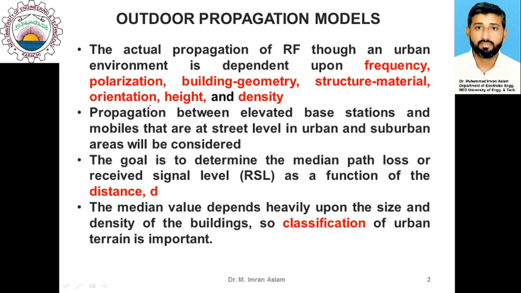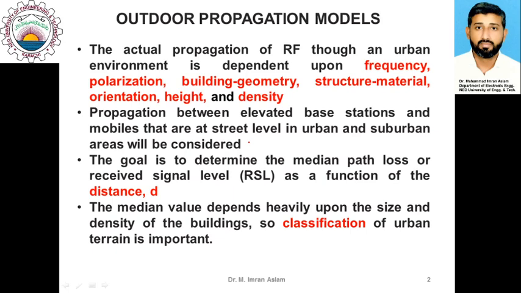If we change the polarization, the propagation losses change. The building geometry, the structure material, the orientation, height and density of buildings, all these affect the propagation in that urban environment, and eventually they result in different losses. So all these parameters are related to the propagation modeling for an urban environment.